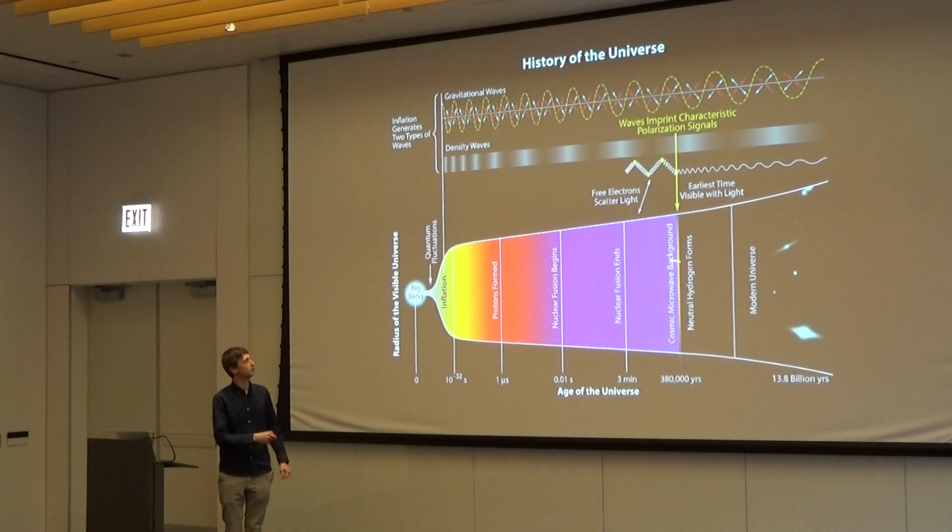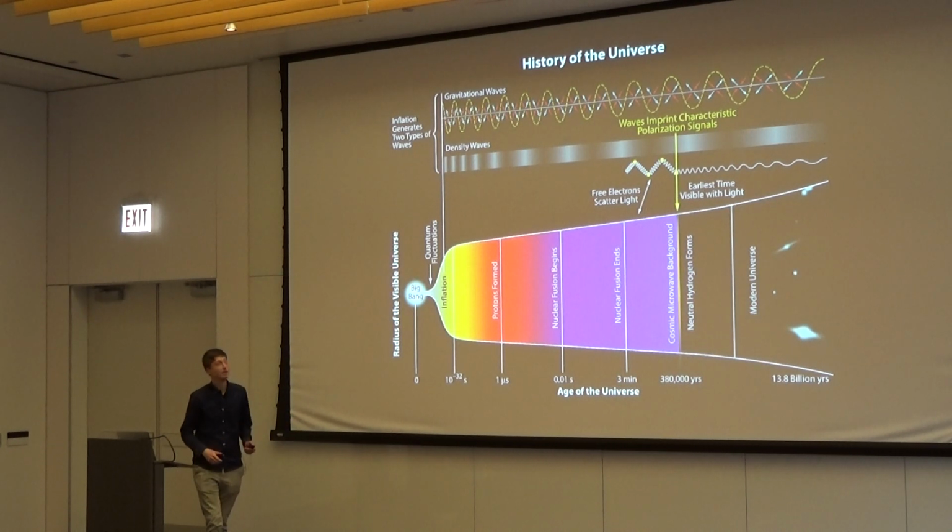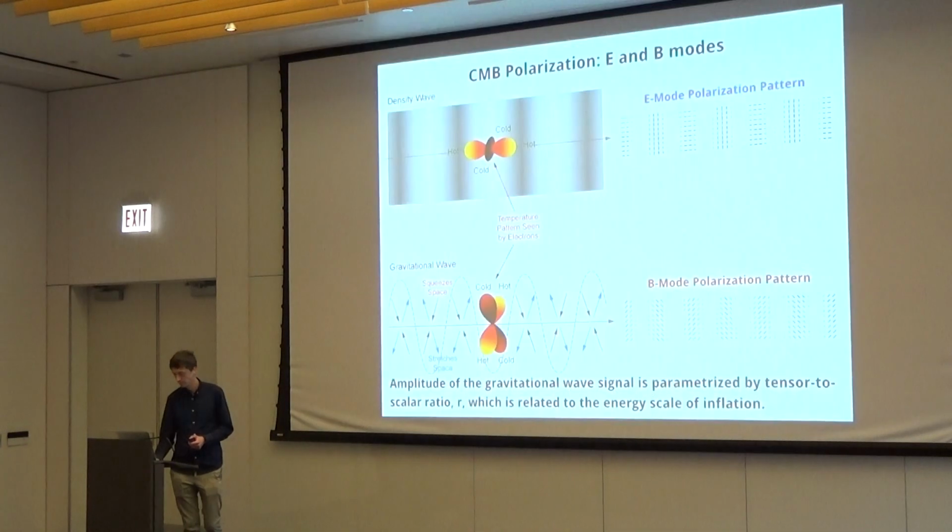So we're looking at the signals of these perturbations at this time, about 400,000 years after the Big Bang, to infer something about inflation. In particular, what we're searching for is these gravitational waves, which are frequently referred to as the smoking gun of inflation, some sign that the universe underwent a very rapid, exponential expansion.